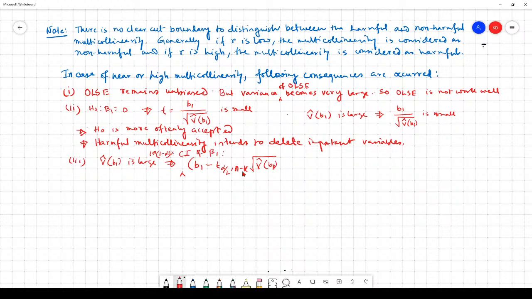So if this thing is large, the confidence interval becomes wider.